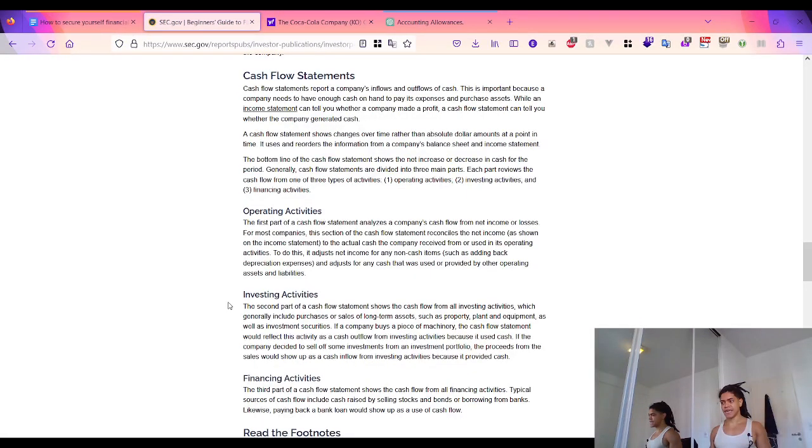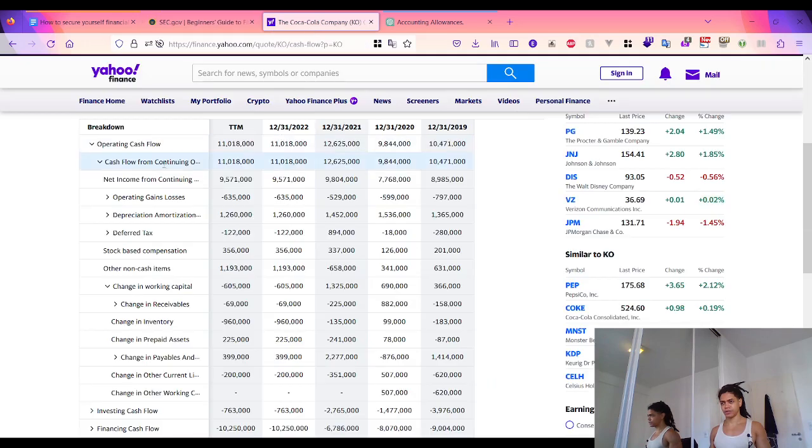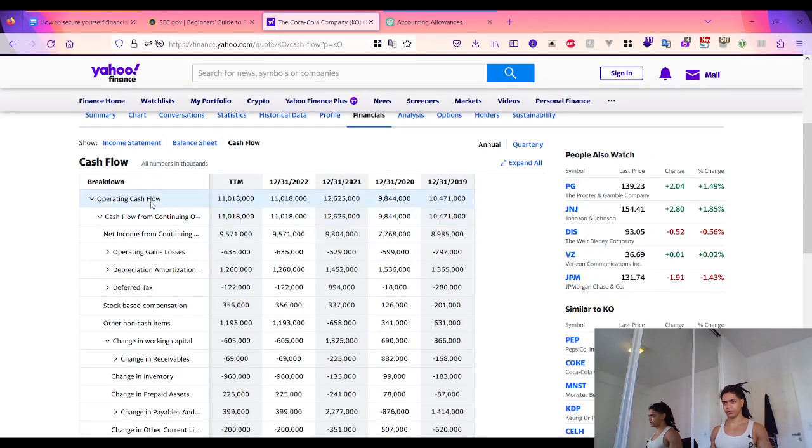So after all, the cash flow statement reports the company's inflow and outflow of cash. This is important because a company needs to have cash on hand to pay its expenses or purchase assets. While the income statement can tell you whether a company makes a profit, the cash flow statement can tell you whether a company generates cash.